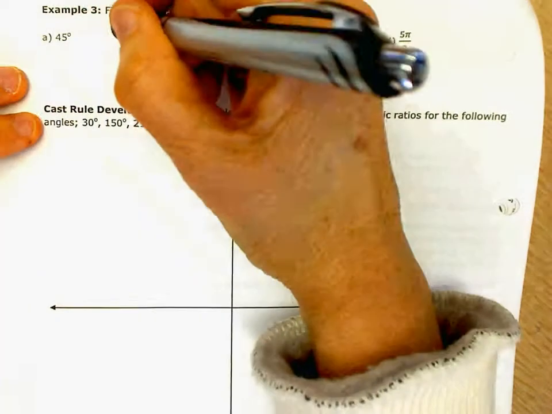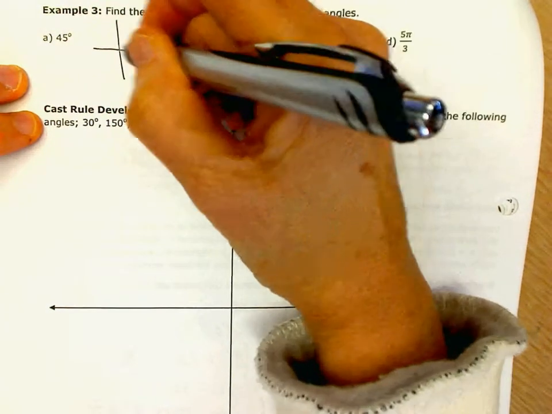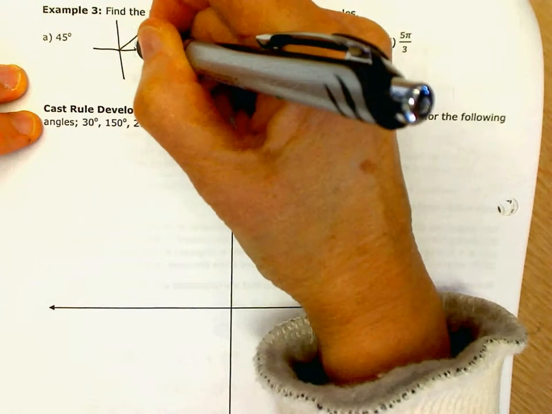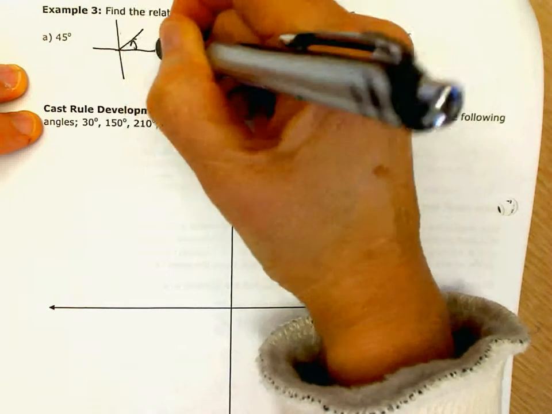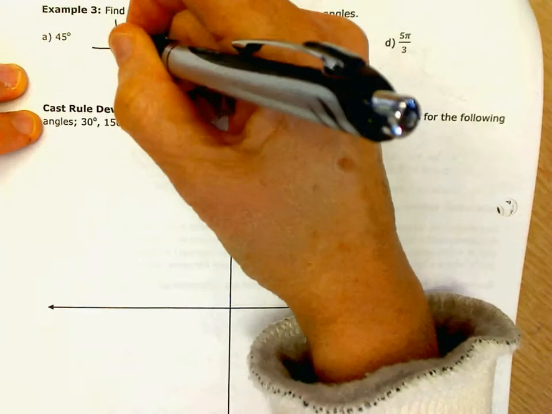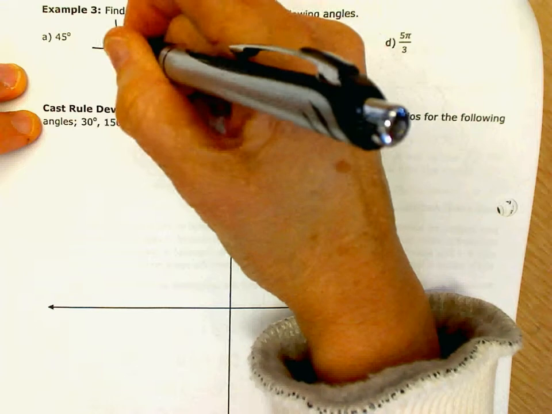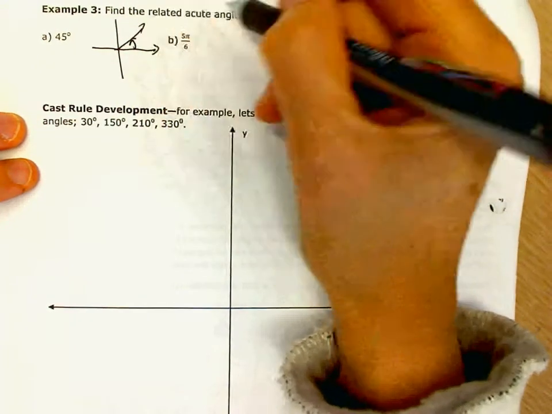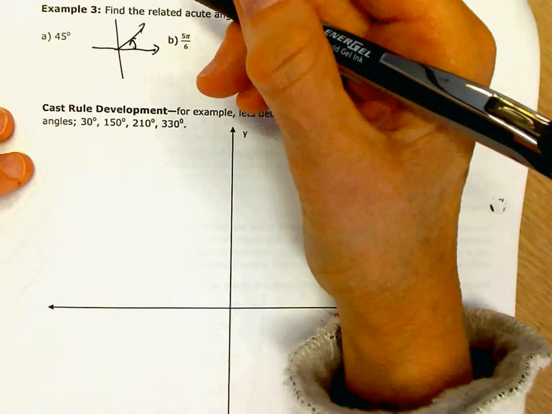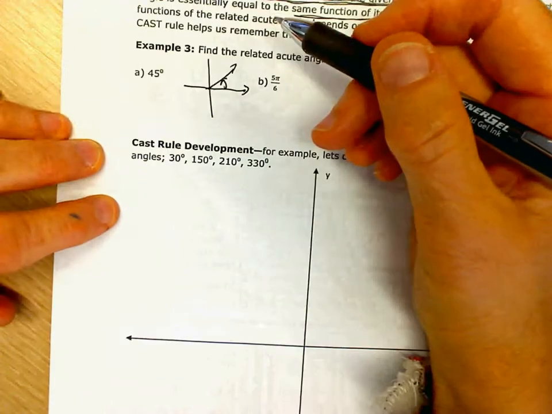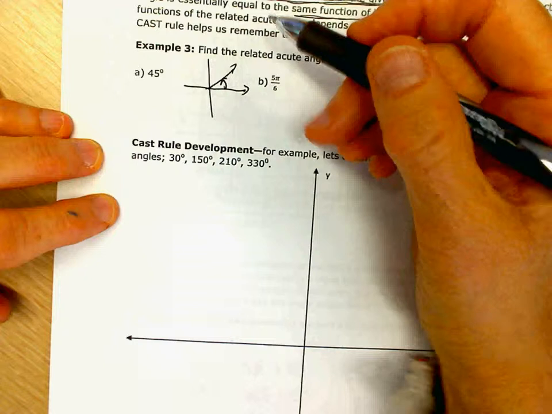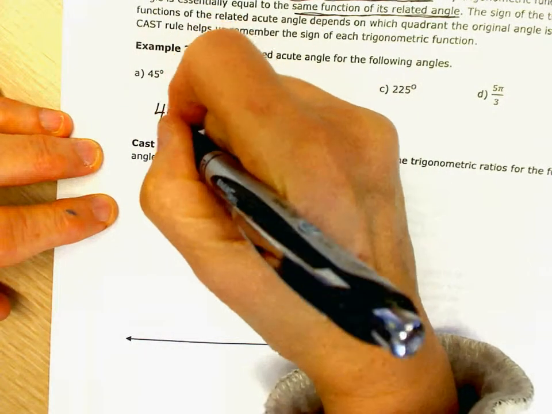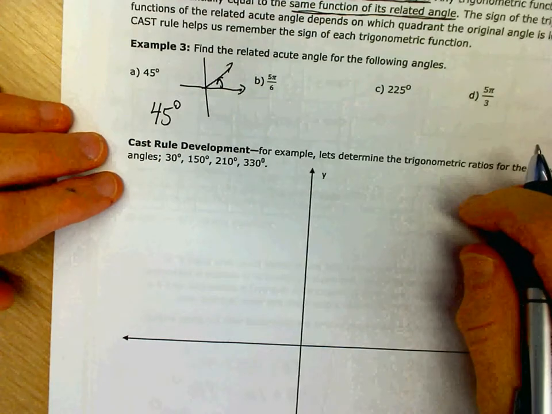You can draw it out. The related acute angle is always between the initial arm, which is on the x-axis, and the terminal arm of the angle. So what's the related acute angle of 45 degrees? Yes ma'am, you're right on.